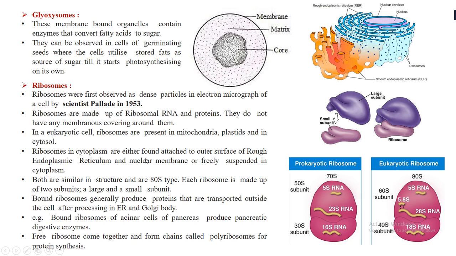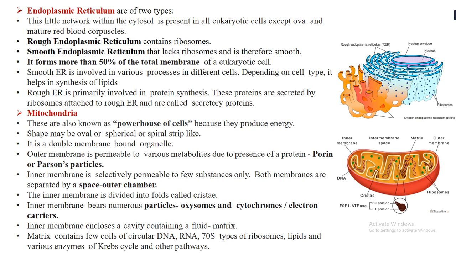Ribosomes. You all are very much aware of the ribosomes, that they are protein factories of the cell. Just now when we were studying the endoplasmic reticulum, we studied that the ribosomes present on the rough endoplasmic reticulum are protein synthesizing particles.